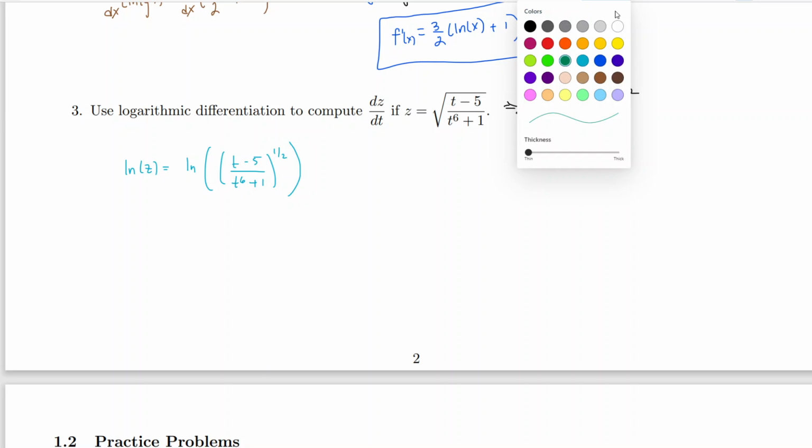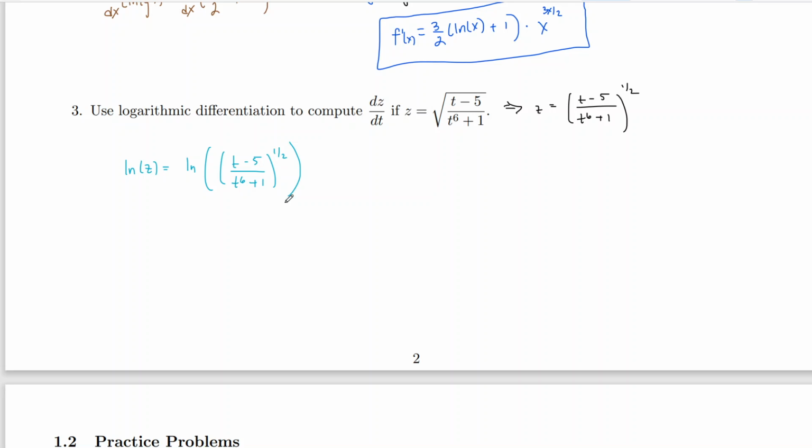And we want to simplify. Pretty much anytime you do the log derivatives, you're looking for 3 things to try to simplify. You want to bring exponents out, you want to break up multiplications, and you want to break up divisions. Now, one thing I want to make sure on here is which one you want to do first. This one, we're going to have the exponent that we can bring out first. Why?